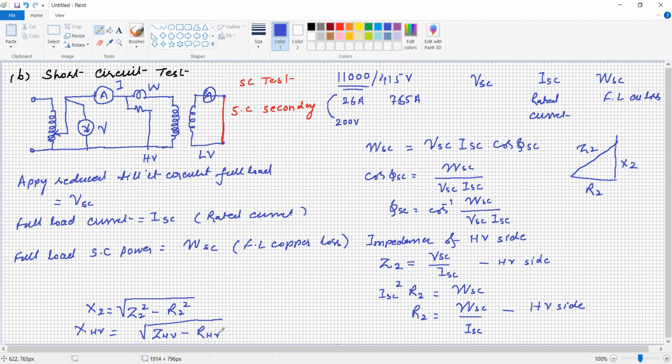So we can find the resistance and reactance referred to the secondary.